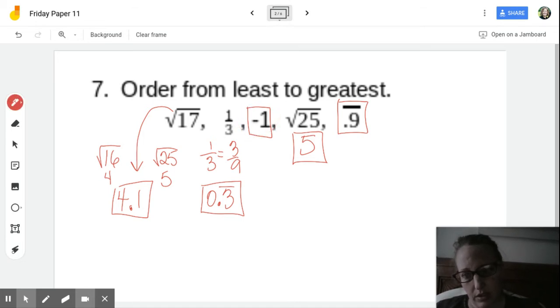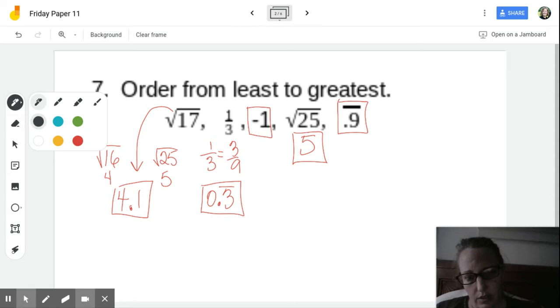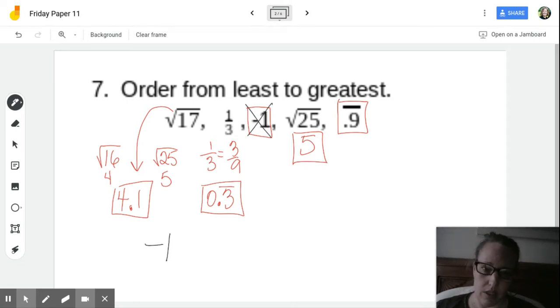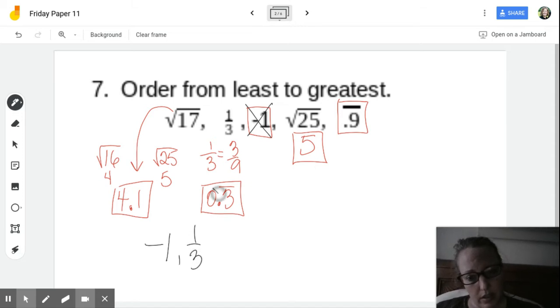So from least to greatest, first we're going to write down -1. Okay? We're going to cross it off because we're done with it. Now we're going to go positive, but we're going to have the smallest positive, 0.3 repeating, which is 1/3. Let's cross that out. Okay?